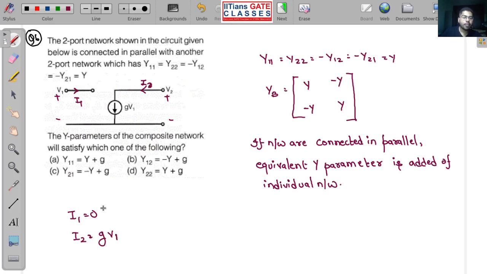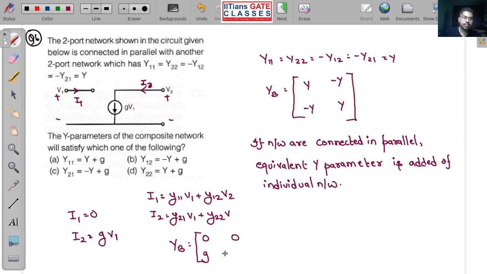Now if I compare this with the y parameter equations, I1 is equal to y11 V1 plus y12 V2 and I2 is equal to y21 V1 plus y22 V2. So now YA is 0, 0, G, 0.